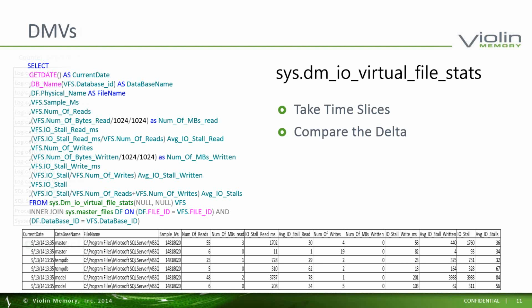Then you can do 8K page reads and 64K reads and writes. And when you get into things like index rebuilds, you can get up to 120K I/O sizes, and backups and restores can run anywhere from 1 meg to 3 or 4 meg per I/O. You need to be able to take a look at that because that's going to impact your latency.